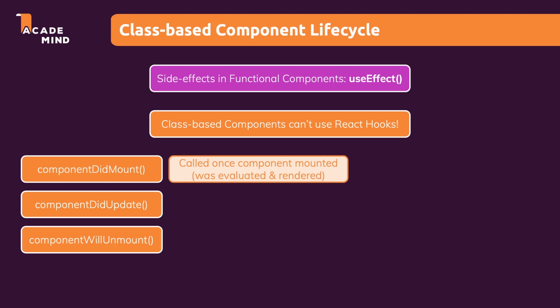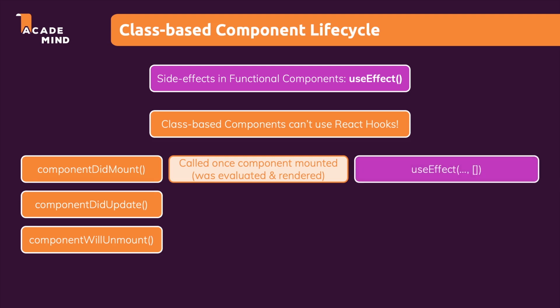It's basically the equivalent to using useEffect like this. You have your effect function, which I left out here with the three dots, and then you have the array of dependencies. And every effect function is executed when the component first is mounted.